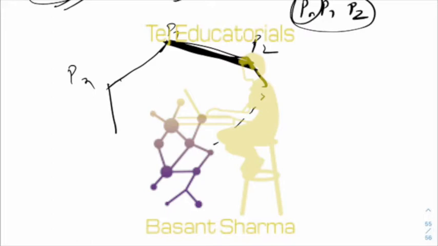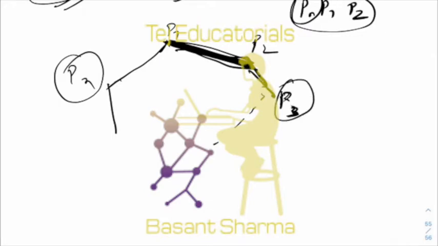Then it's clear that once we select this side, we cannot select the vertex Pn or P3. Do you get my point? Once you select a side that you want the triangle to share with the polygon, you can't select the vertices which are adjacent to the vertices lying on this side. So you can't select Pn and P3.